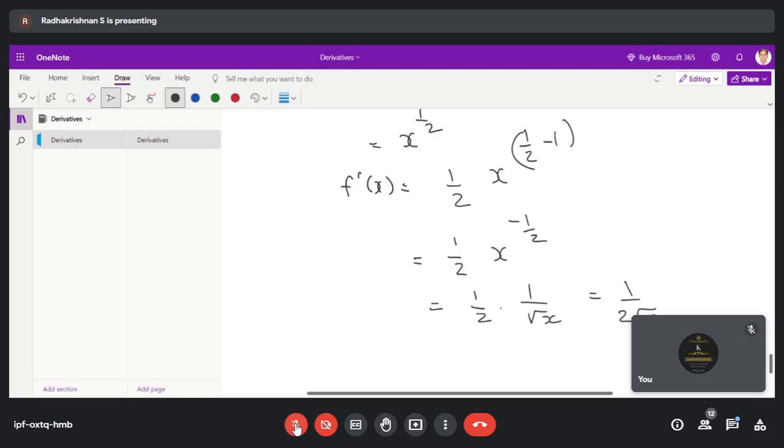Correct? The derivative is 1 by 2 root x. Yes, sir.